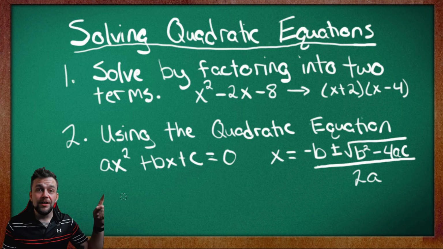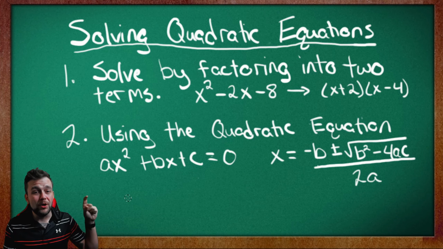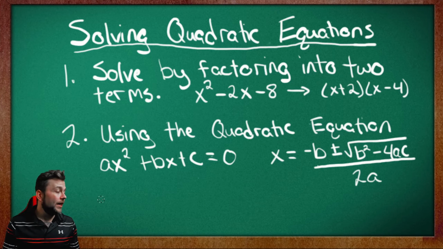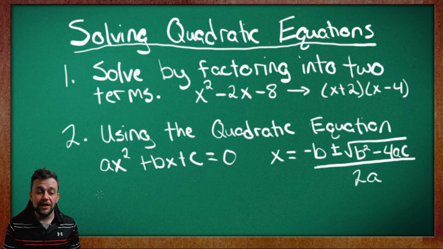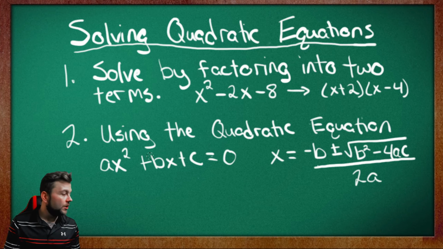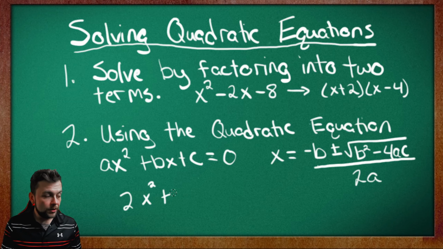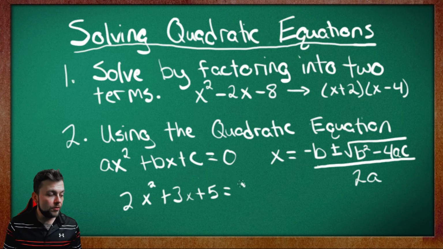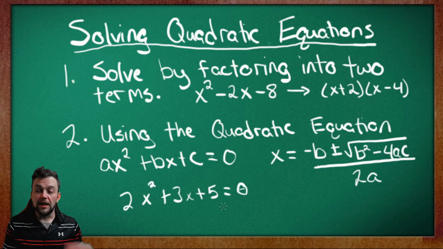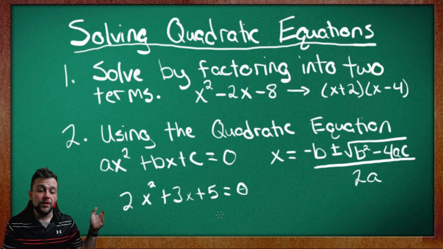So a little bit, just so you have a better understanding, your letters here in our quadratic equation, they are placeholders. So that A, B, and C, that's where the numbers are typically going to go. So if I have a quadratic equation, something like 2x squared plus 3x plus 5 equals 0, then I want to use the quadratic formula to solve this problem.